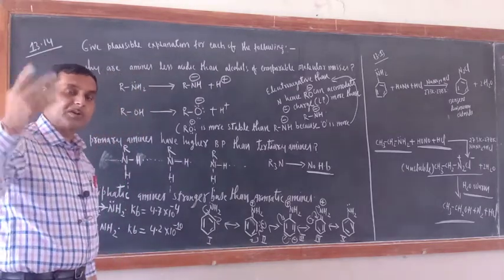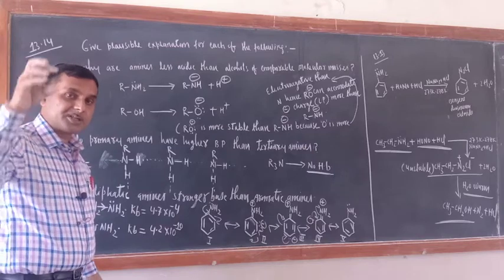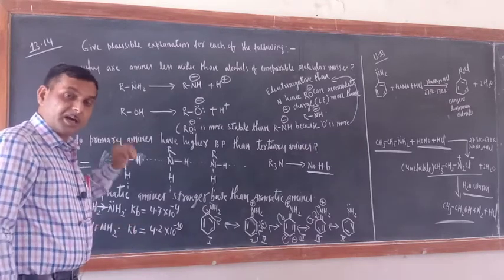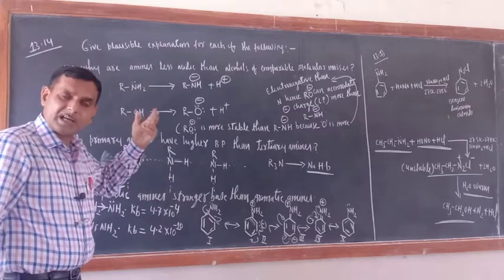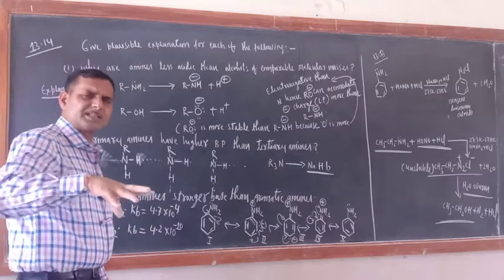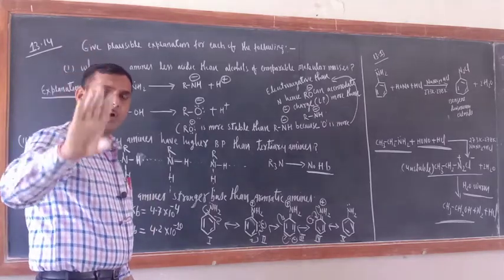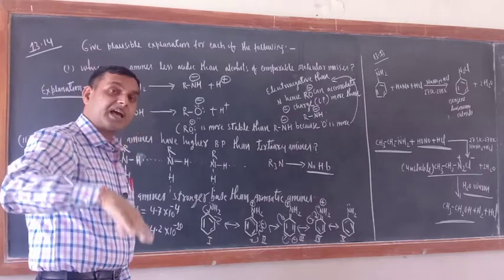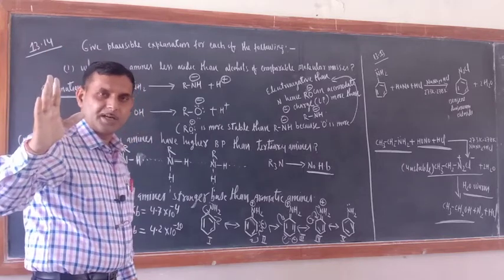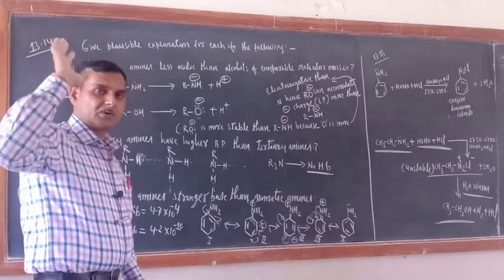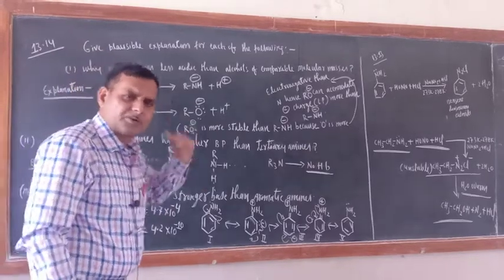Generally we know that amines are basic in nature due to the presence of a lone pair of electrons on the nitrogen atom, and alcohol is slightly acidic. Alcohol is a compound which is a weaker acid than even water.